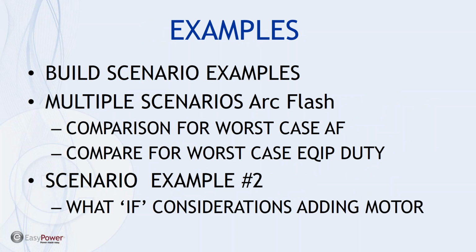One is specifically in Short Circuit, comparing different configurations of a one line and then doing the arc flash calculations. And the second is to go through a what if scenario in Power Flow and compare some options that we have when we're trying to make some modifications to our system. So let's jump in the tools and see how everything looks.